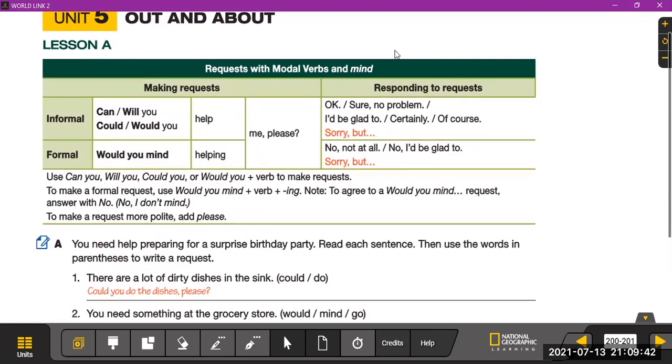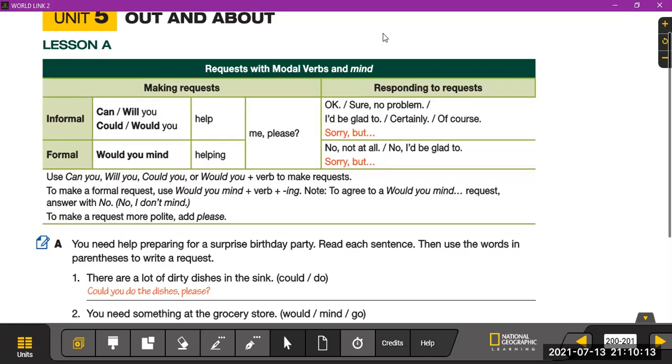Okay, so here now, people, we have requests with modal verbs. Do you know what is a request? Do you know the meaning of request in English?